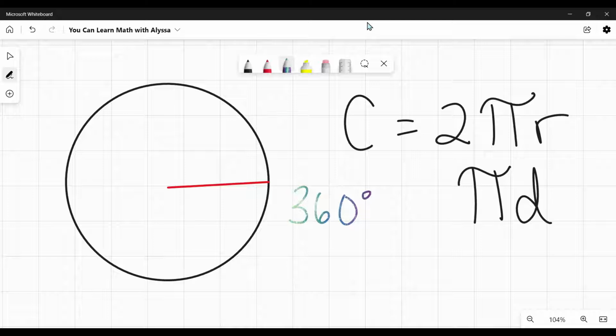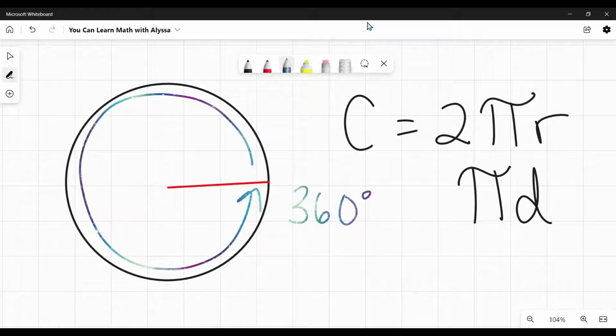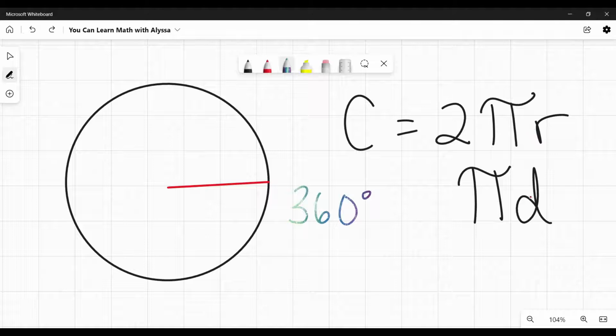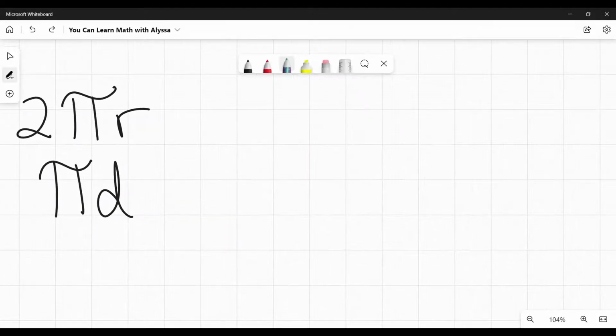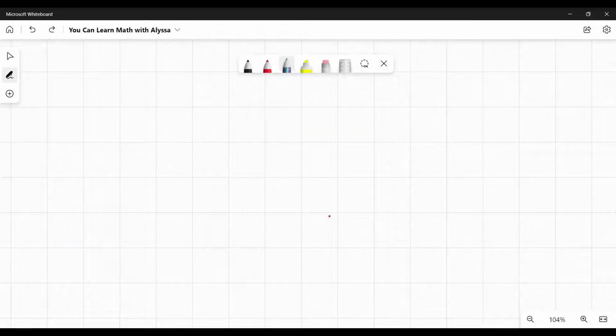These are our 2 facts we're going to use to solve these problems: the circumference of a circle is 2 times pi times r, and it's 360 degrees to get all the way around.